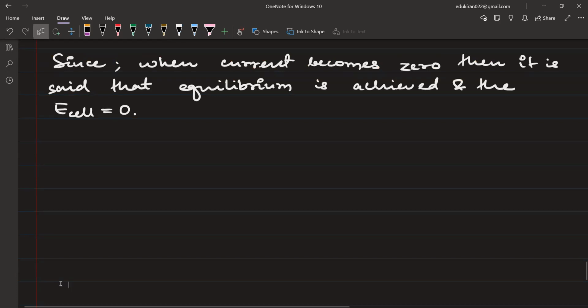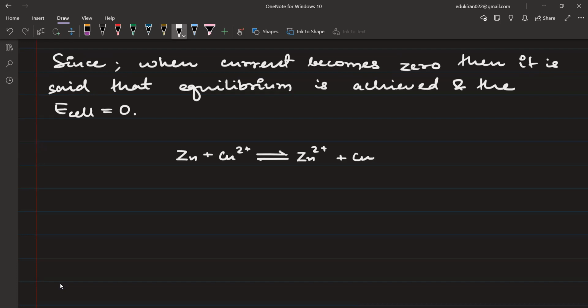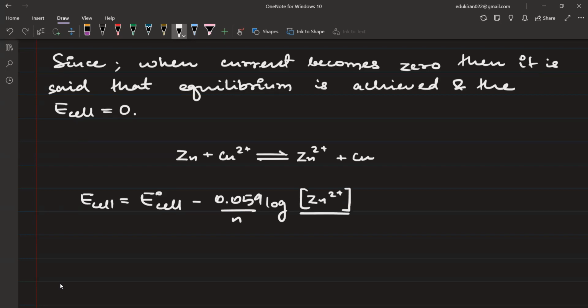So for example, we have a cell in which this reaction is happening. Zinc plus copper 2 positive is in equilibrium with zinc 2 positive plus copper. So we'll write that E cell will be equal to E naught cell minus, if you're doing this at room temperature, 0.059 divided by n log of zinc 2 positive upon copper 2 positive.